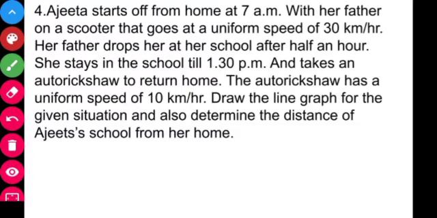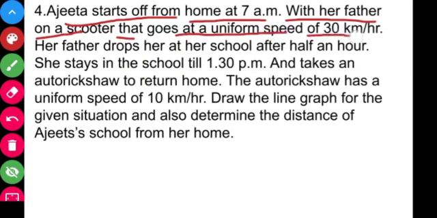Ajita starts off from home at 7 a.m. with her father on a scooter that goes at a uniform speed of 30 km/h. Her father drops her at school after half an hour.